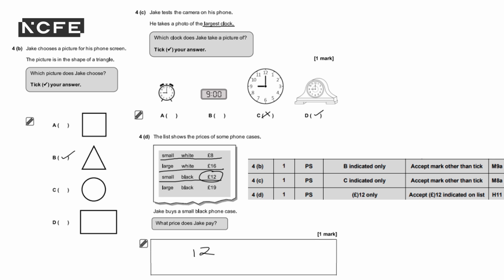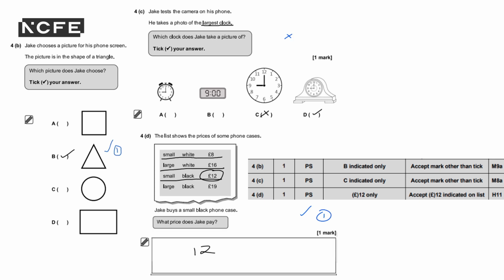And finally, for problem solving for entry level 1, I'll show you how many marks would be awarded. I'll trust that you've already marked it yourself. So it's quite straightforward here. We've got 1 mark for 4B.